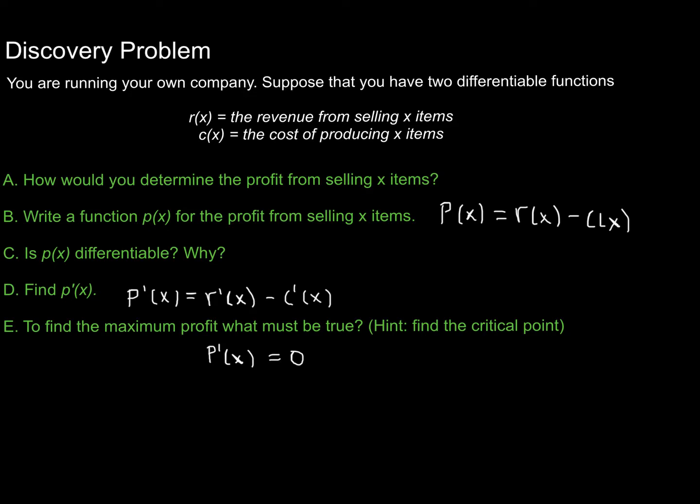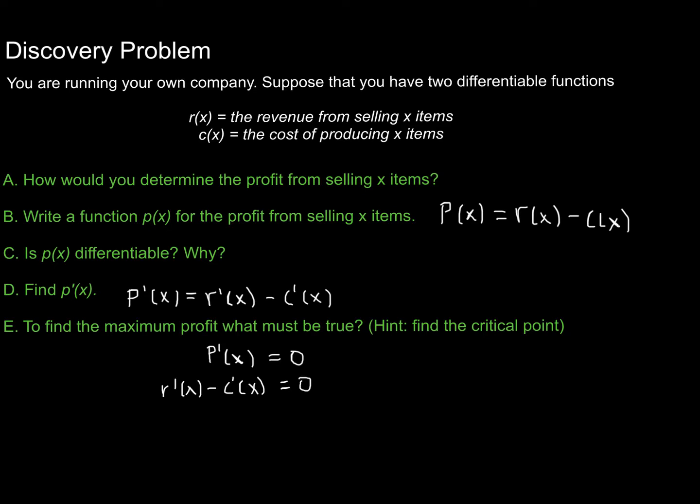Now, P prime of X is the derivative of the revenue minus the derivative of the cost. And so this will occur when R prime minus C prime is equal to 0.